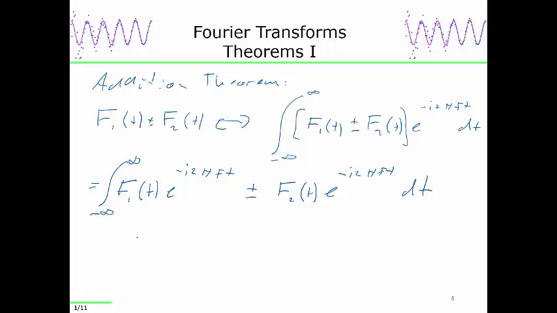I have an integral over a sum of 2 functions of t.